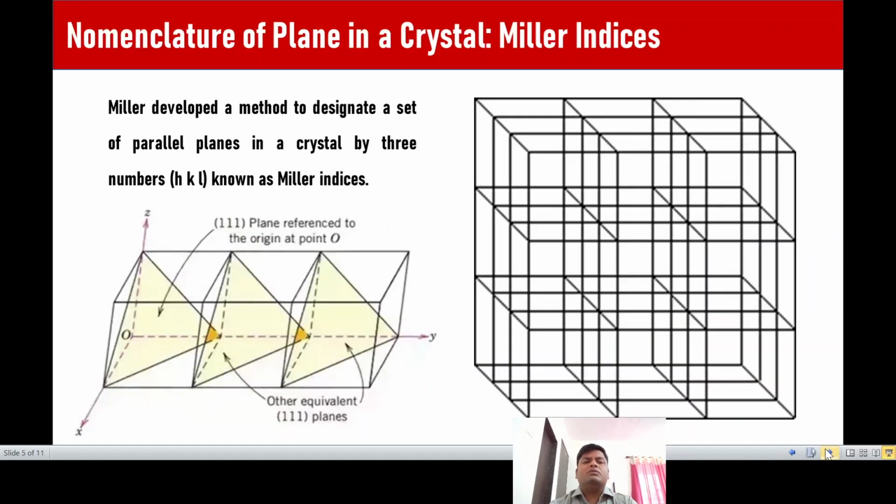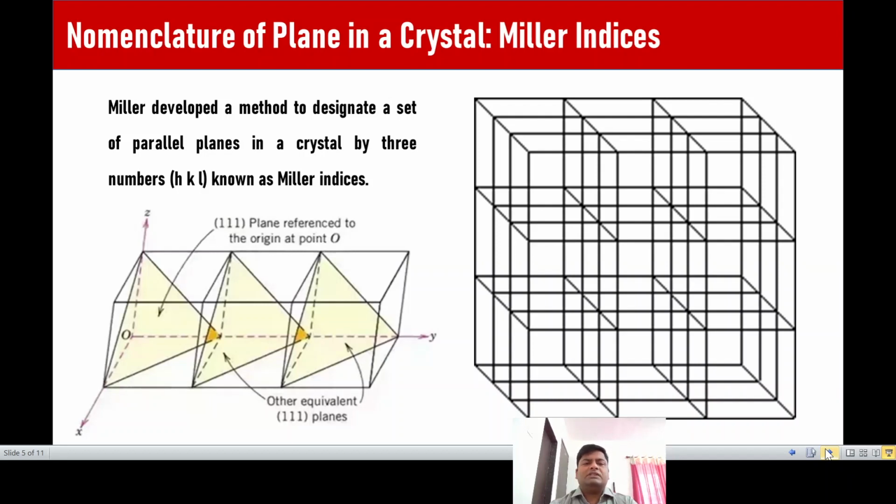Now coming to the nomenclature of a plane in a crystal. We have seen how to find out a point, then we have discussed how to find out a direction. Now we will discuss the nomenclature of a plane in a crystal, which is generally represented by Miller indices.